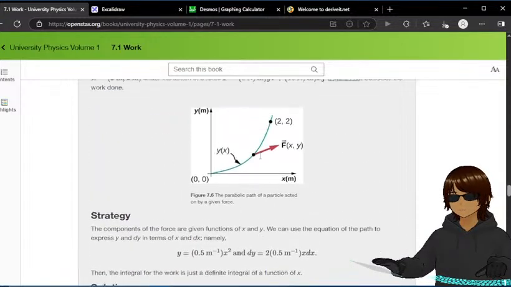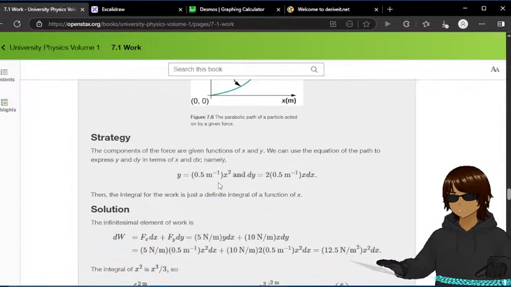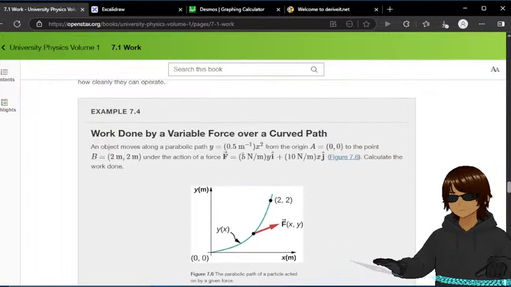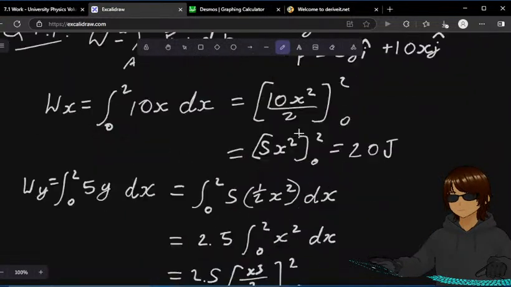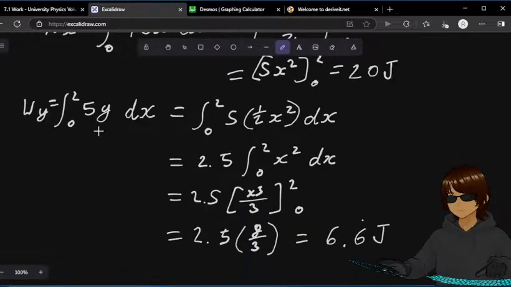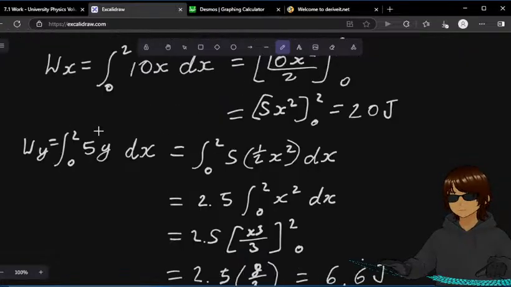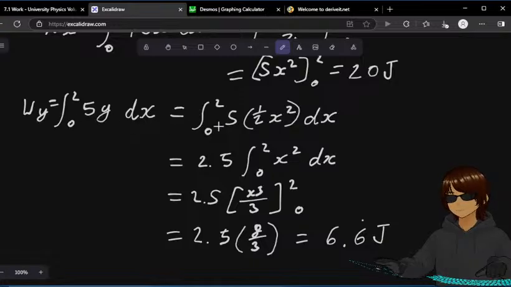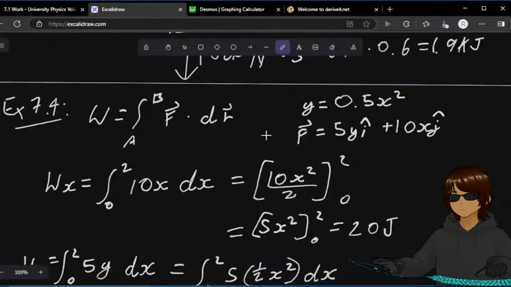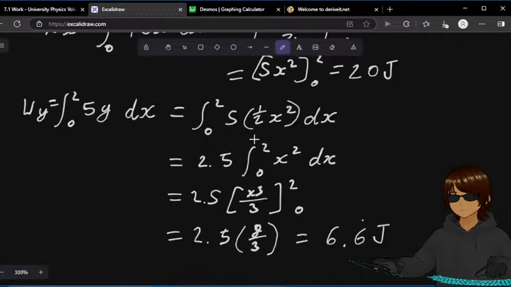5y, 0.5 x squared, 5y and 10. We have half x squared, 2.5 x squared, x cubed over 3.